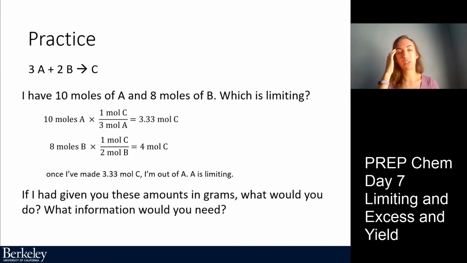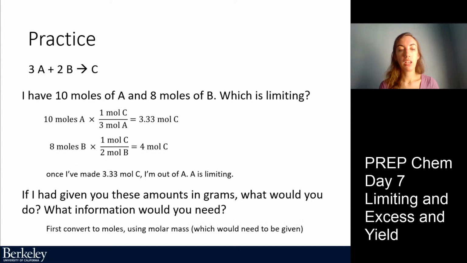And then the second question that I put on here is if I had given you these amounts in grams, what would you do? You would need to convert to moles. So again, those stoichiometric coefficients only work in units of moles. And you would need the molar mass.